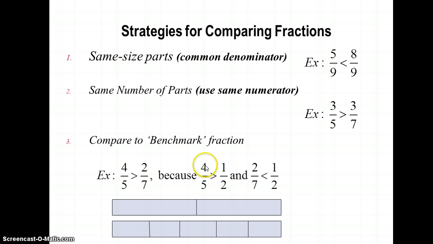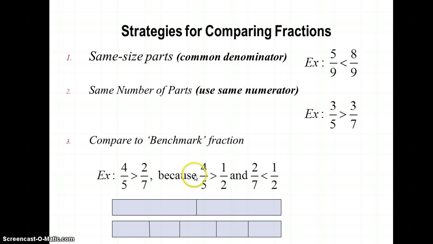Or you can think about this, 4 out of 5, that's much larger than a half because a half of 5 is 2.5 and 4 is larger. So we know 4/5 is greater than half, and we know 2/7 is less than a half because half of 7 is 3.5. So this is less than half of 7, which makes 2/7 less than a half.